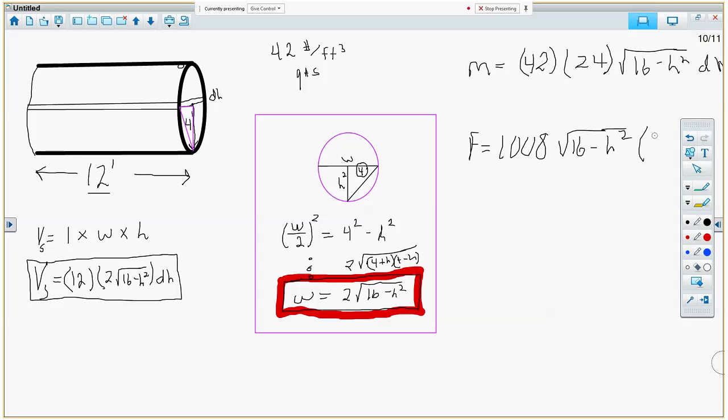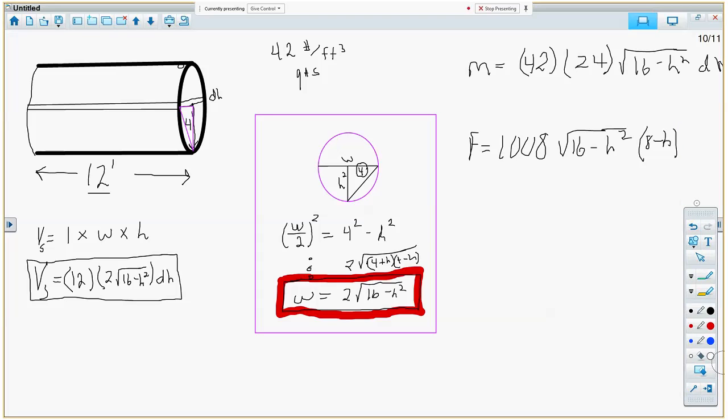Let's see, it is 8 feet tall, right? 8 minus h dh. And now you can set up your integral, which will be from 0 to 8.